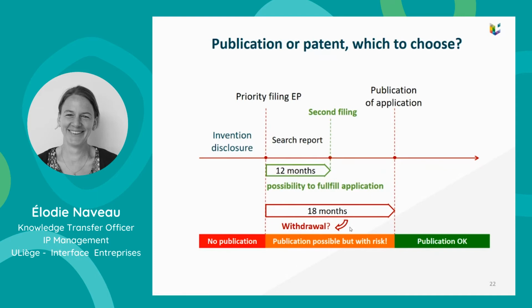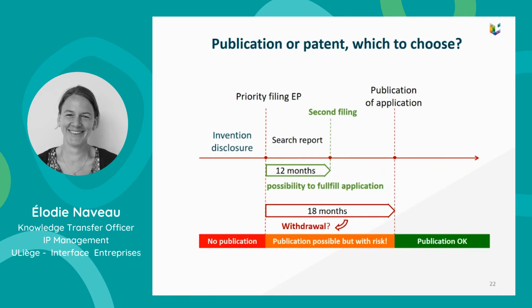So what we do, we always ask inventors with whom we are working and we evaluate the risk together. In some cases, it is okay to file a scientific paper just the day after filing the patent. In some cases, it is better to wait. And this is really something to discuss.